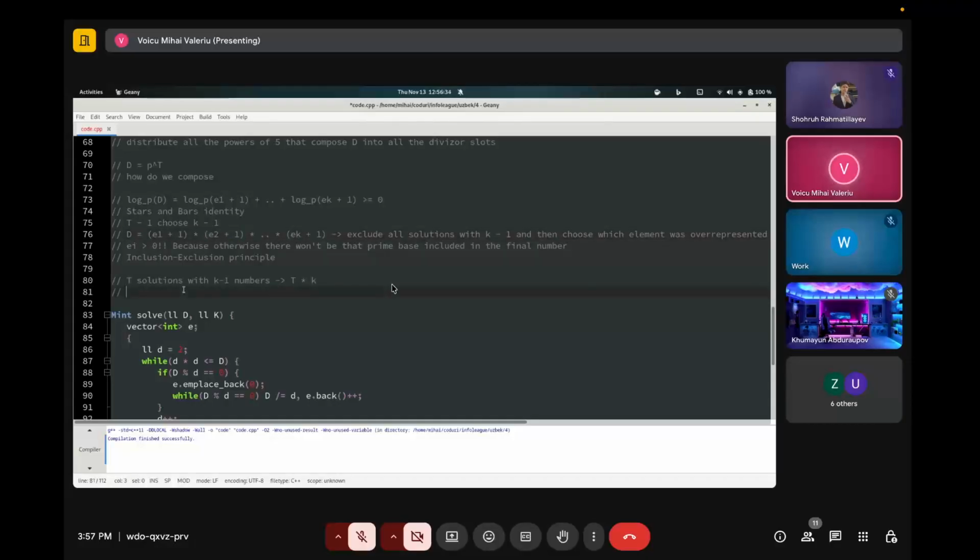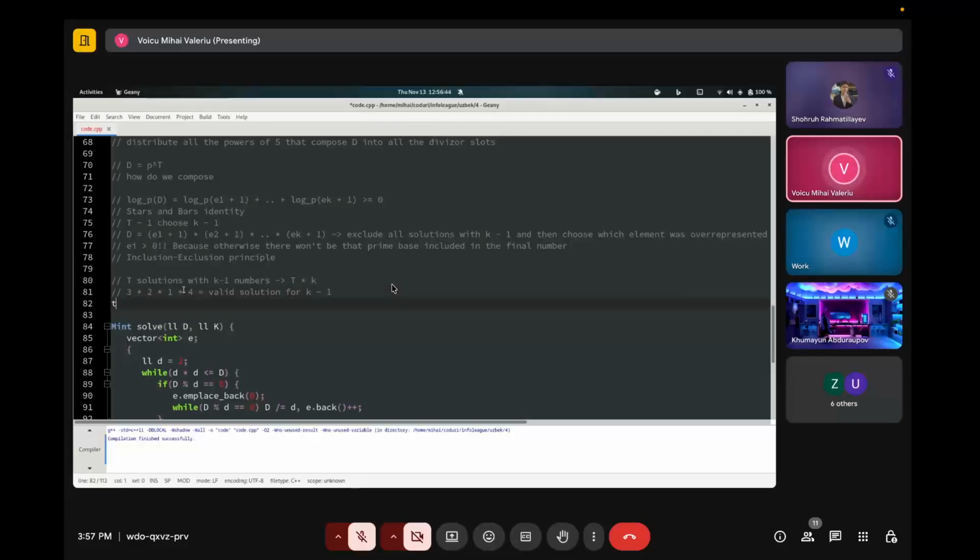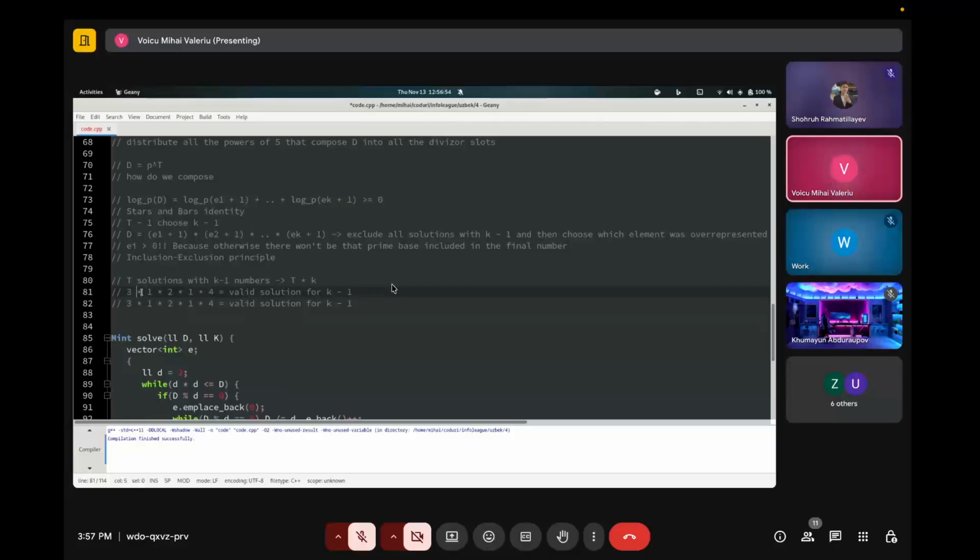So if we consider 3 times 2 times 1 times 4 as a valid solution for k minus 1, then when we insert the new 1 to form an invalid solution, we will see that we actually double count, either when we consider 3 times 1 times 2 times 4 as the solution of length k minus 1, or when 3 times 2 times 1 times 4 is the solution with k minus 1.